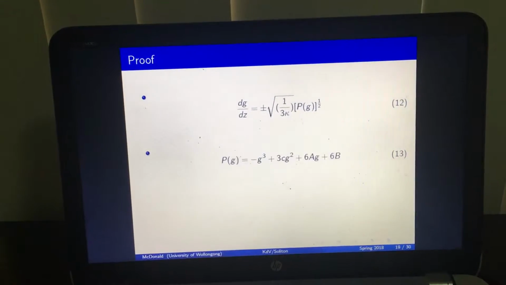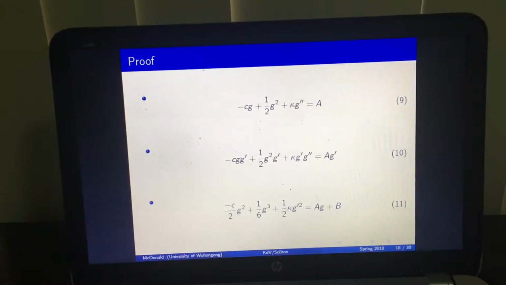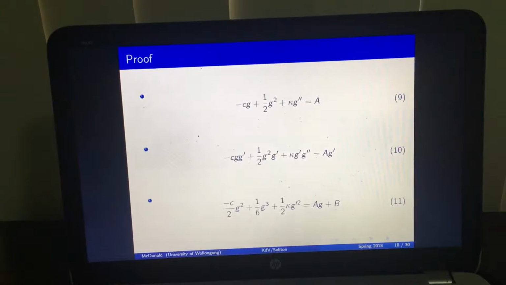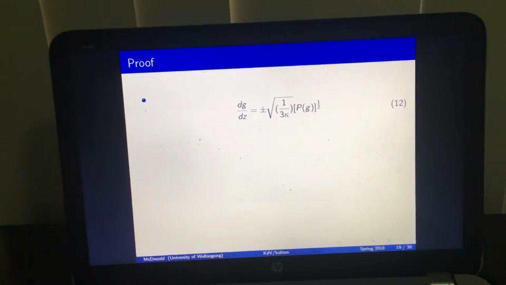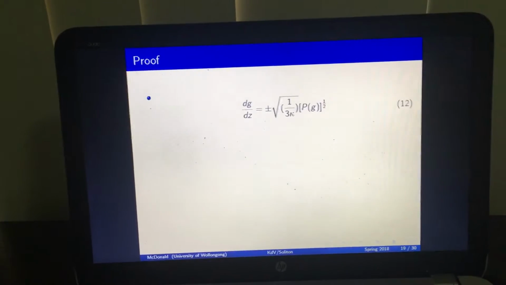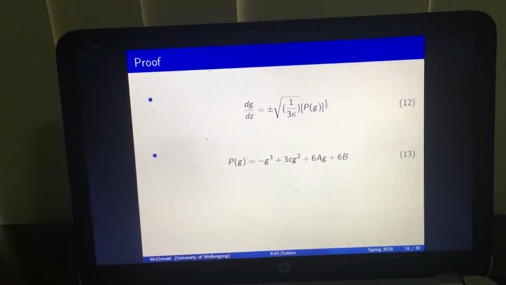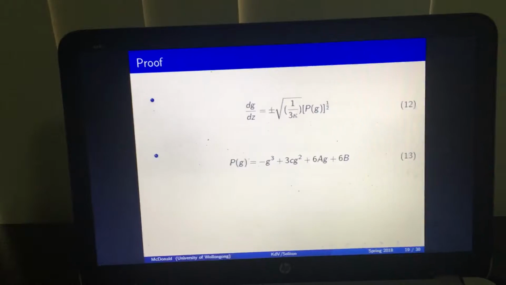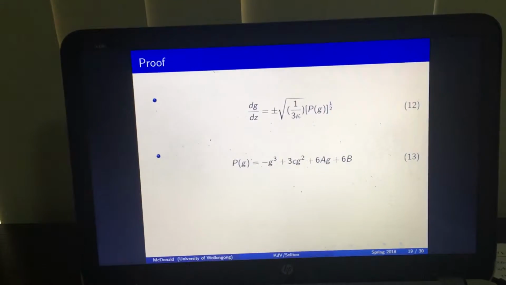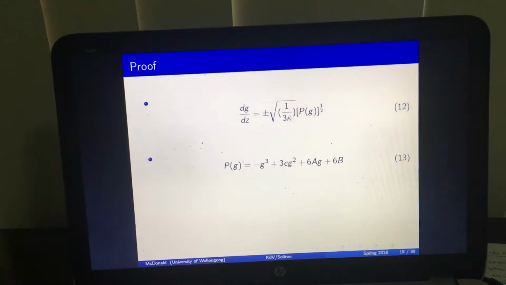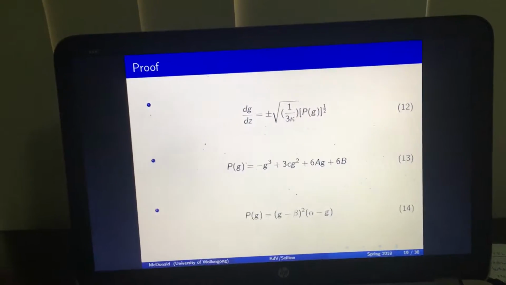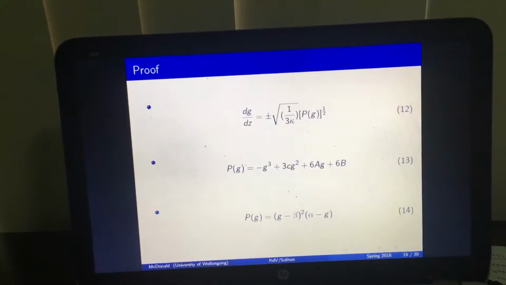And we solve, so for 12 we solve for g to get from 11 to 12. And now with 12 here, we're just going to focus on the positive root, and we're going to let beta less than alpha in equation number 14 here.